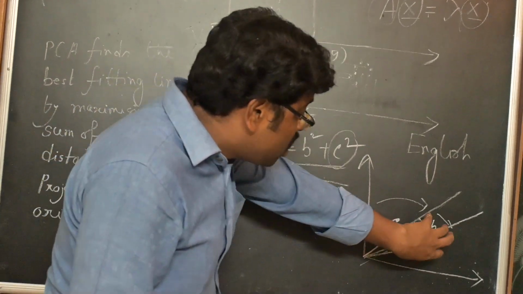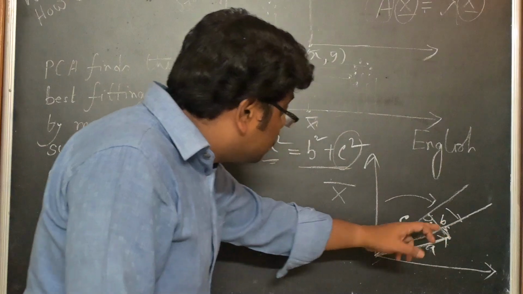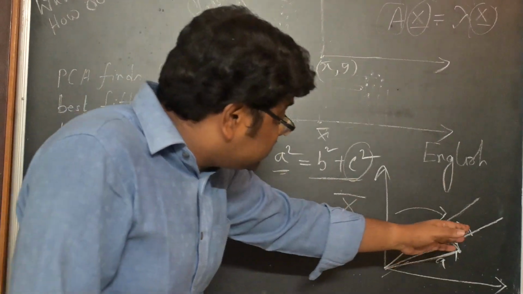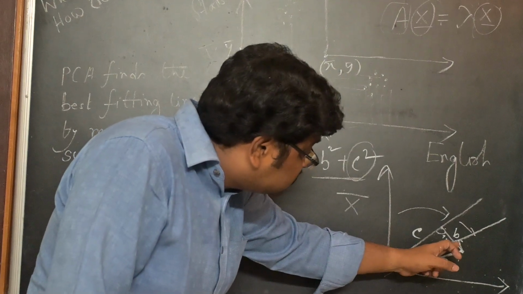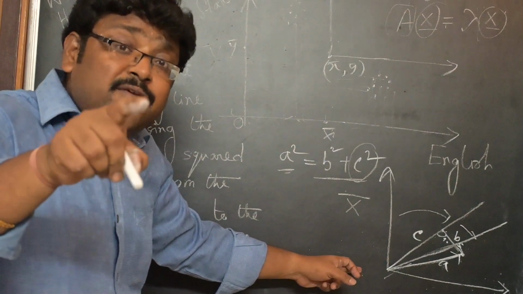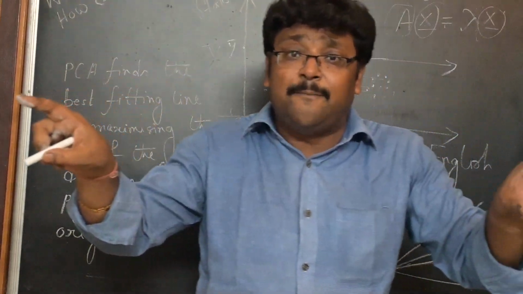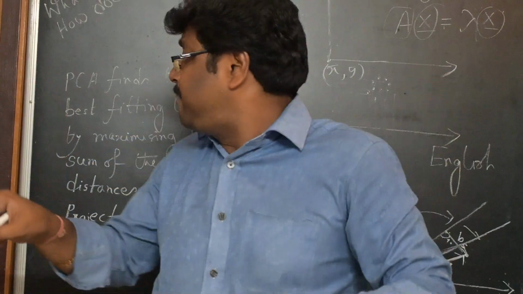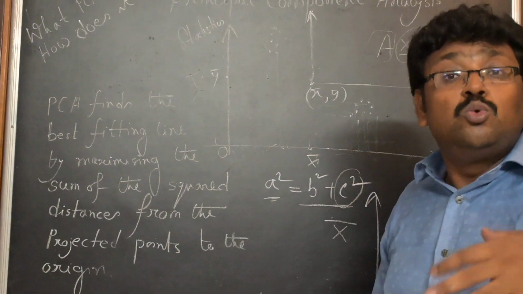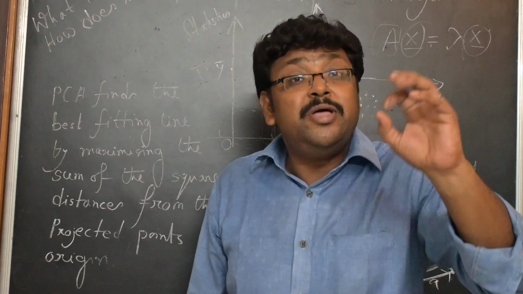So in this way, all the points are projected on that line, and each projected point has a distance. If you square all those distances and take the sum, and you maximize that, then you have the best fitting line.